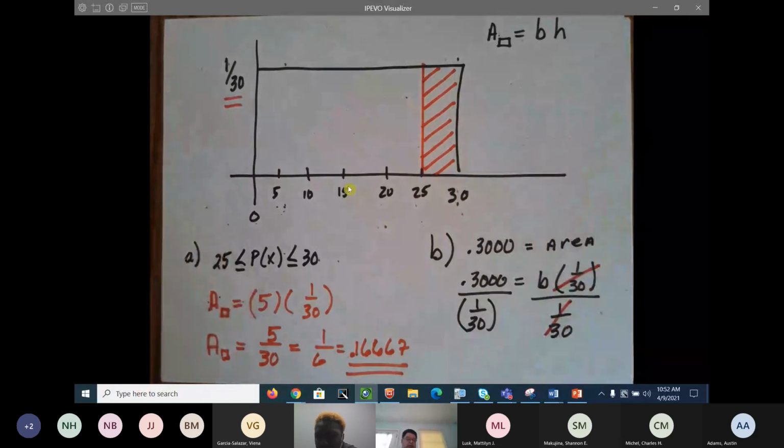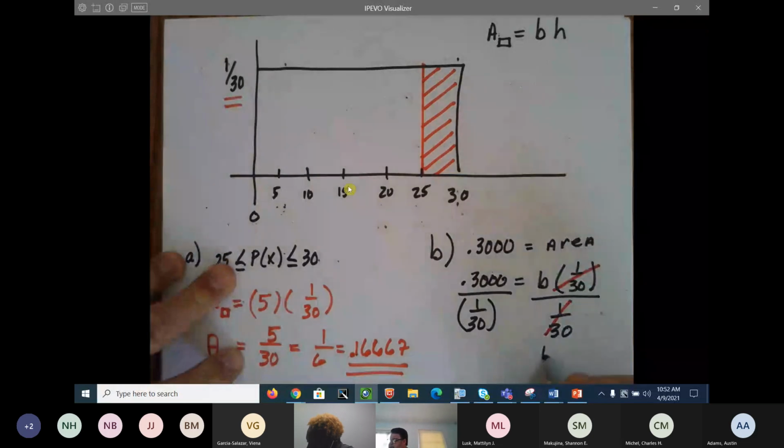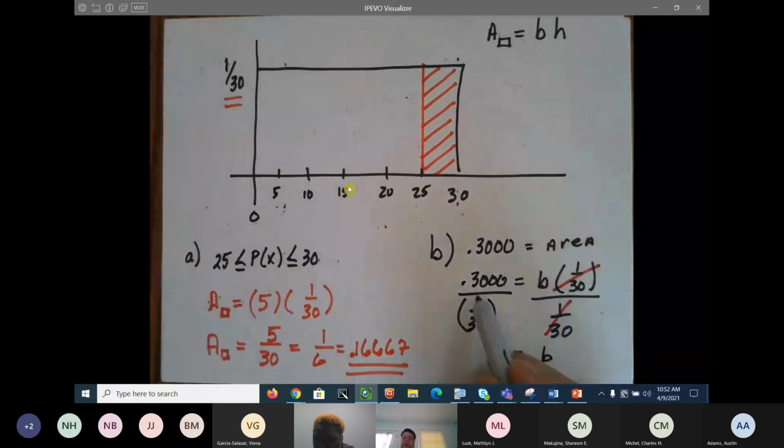So B is equal to, somebody take 0.3000 and divide it by parentheses, 1 divided by 30, close parentheses. Somebody tell me what you get. 9. 9 minutes.